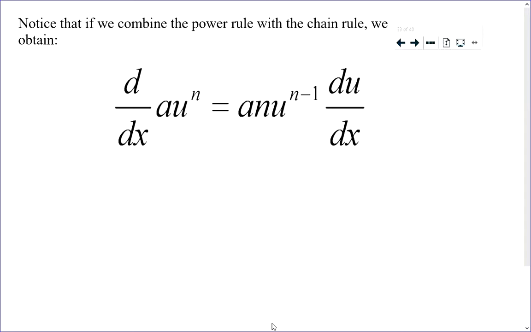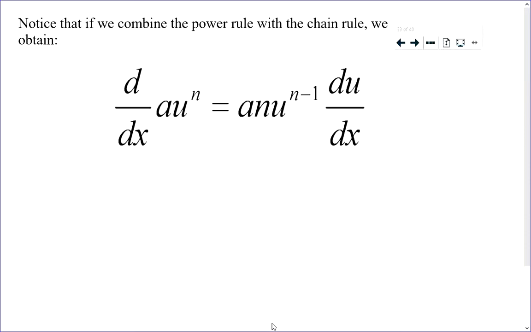So now we're saying if you have a number times something that's not x raised to an exponent, you bring that exponent down, the base remains the same, you raise it to 1 less, and then you multiply by the derivative of what the base is.